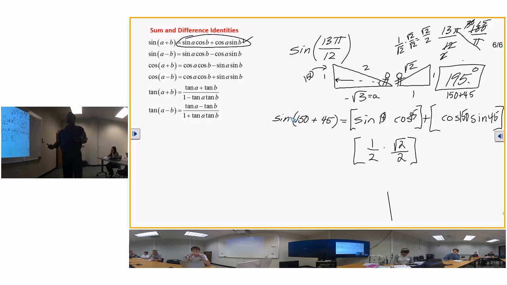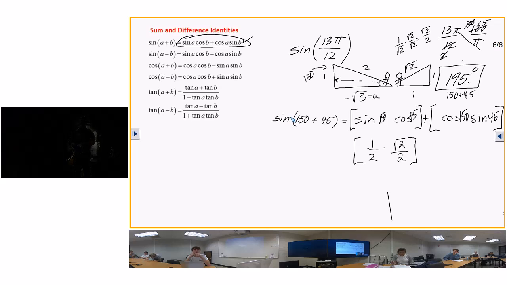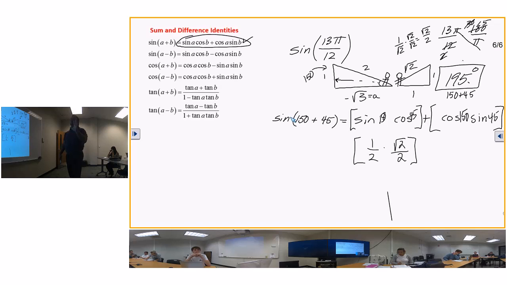I mean, you could say 190 plus 5, but we haven't discussed those yet. The only angles that you know of right now in your universe are 30, 60, and 45. There's no other angles in your universe right now. All right. So now you have to base everything on what you know. And the special angles are the only thing you know right now.